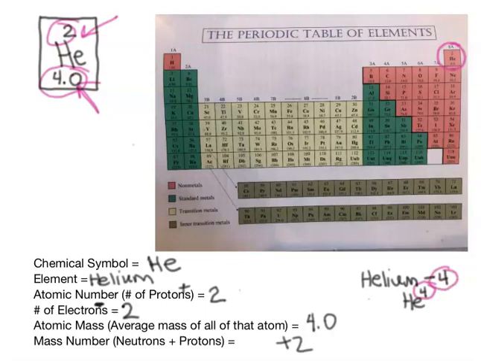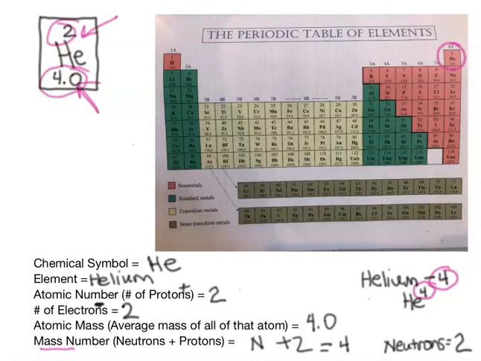And I'm getting that from here. So if the mass number is 4, and we know that the mass number is the number of neutrons plus the number of protons, then we can solve for n here, and we can determine that the number of neutrons for helium-4 is equal to 2. Okay? So that's rolling all of our isotope discussion into one here.